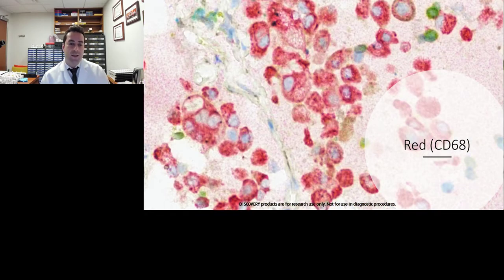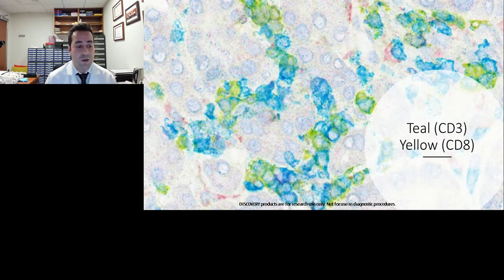Red for CD68 to highlight macrophages. Teal for CD3 and yellow for CD8. These two are usually intermingled in our samples.